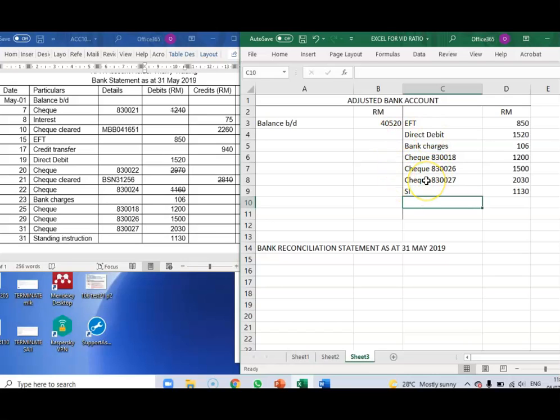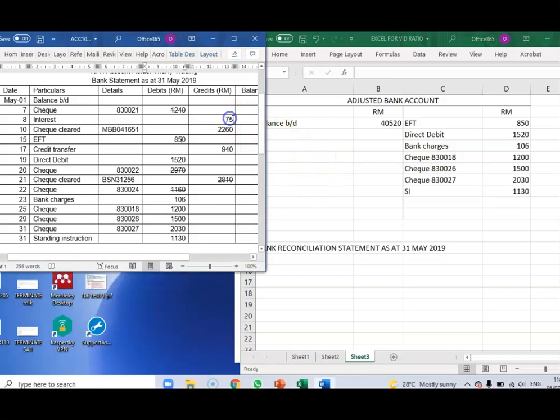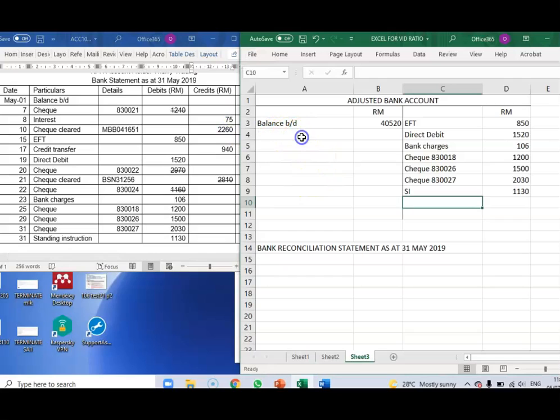Okay, now we transfer the items from the credit side of the bank statement, the cash inflow, duit masuk, into the debit side of the adjusted bank account. So, for example, this amount 75 has been slashed. So put this data, interest.